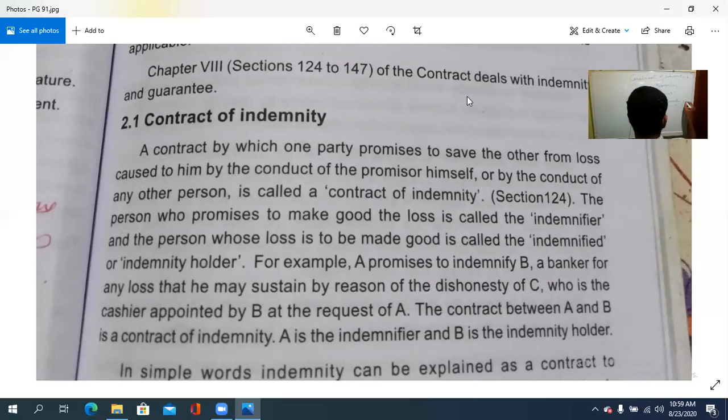So, section 124 describes a contract of indemnity as one where one party promises to save the other from the loss caused to him, by the conduct of the promisor or by the conduct of any other person.